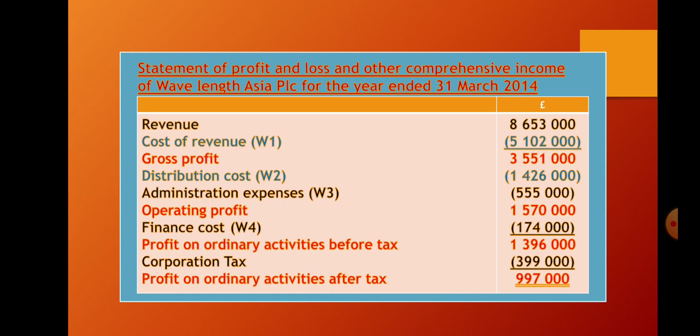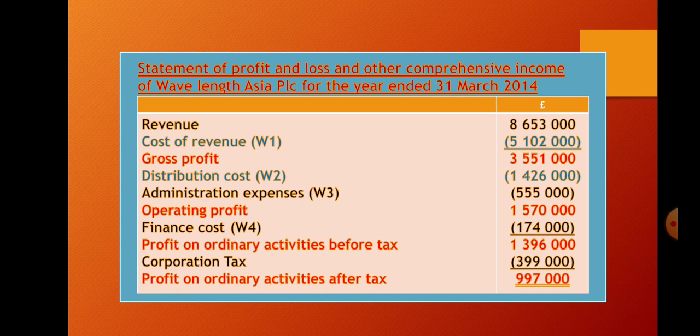Then you will get own figure marks for taking those figures in the format. Then administration expenses, which is 555,000. So when you deduct these two expenses, you will be getting the operating profit, which is the profit before interest and tax. So now we are supposed to deduct interest and the tax.